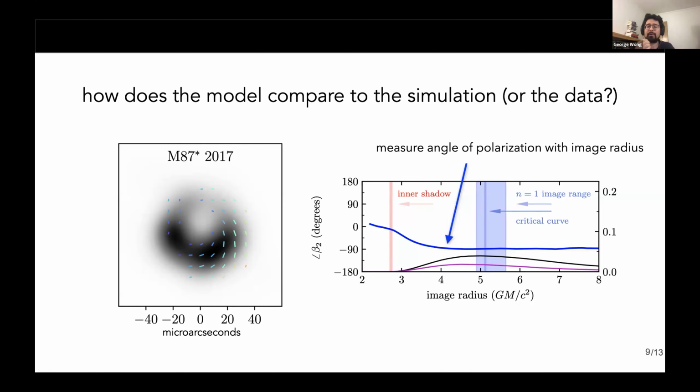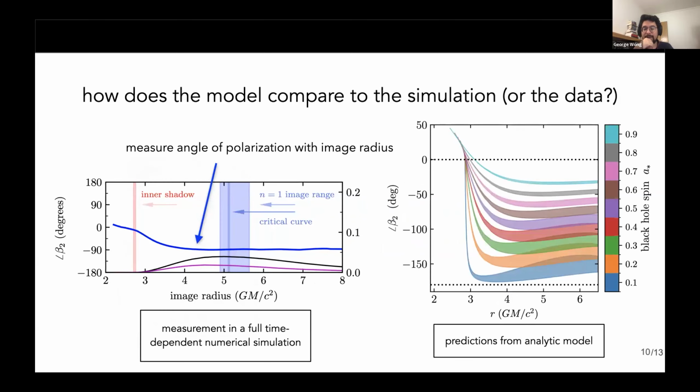And what we want to do is say, okay, one, can we predict the shape of that curve? And moreover, is there a signature in the shape of that curve that trends with the spin of the black hole? And so if I just make that direct comparison, the answer is yes.